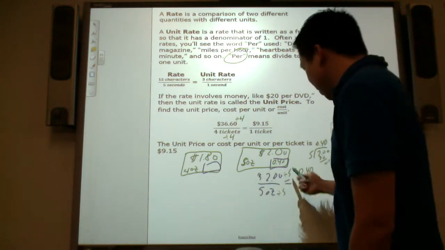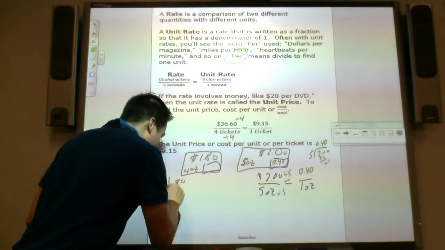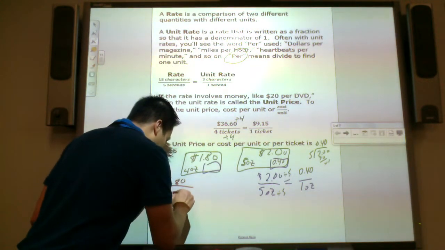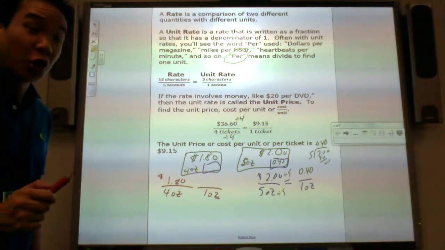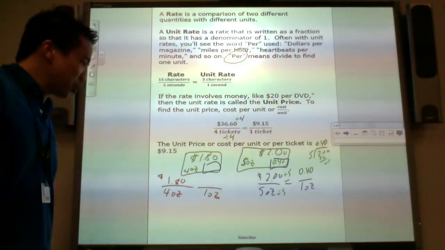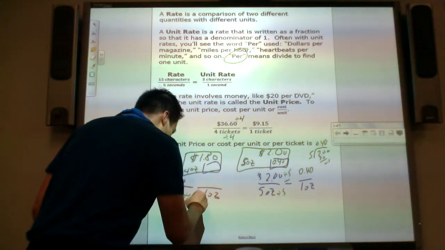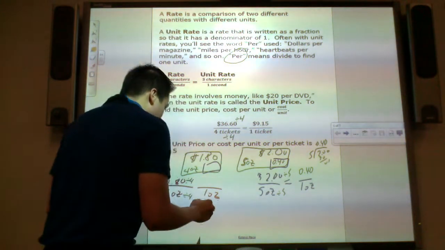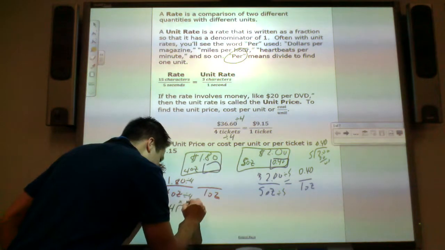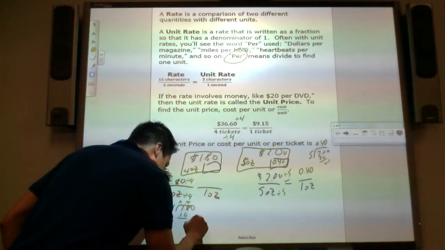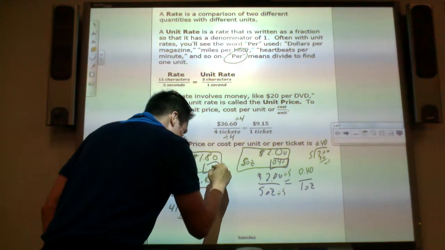That's unit price. Now $1.80 for 4 ounces. I would like to know the unit price, or per ounce. How much will each ounce cost? So I need to divide this by 4. $1.80 divided by 4 is 45 cents.